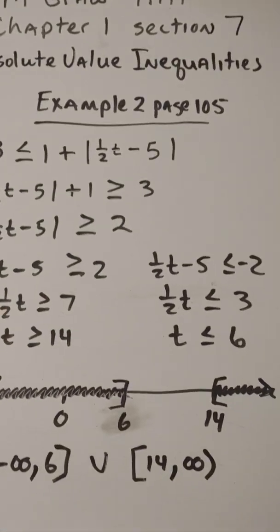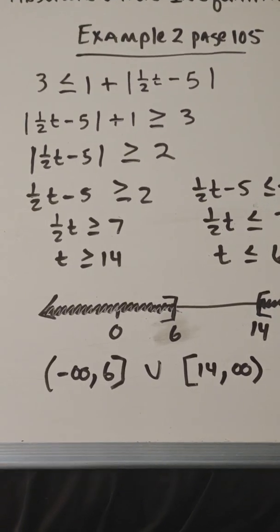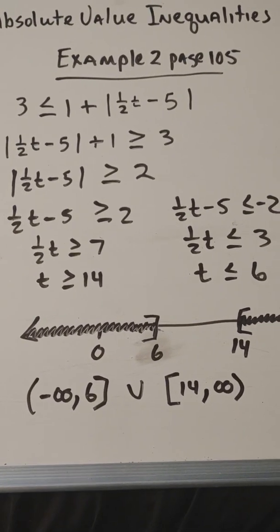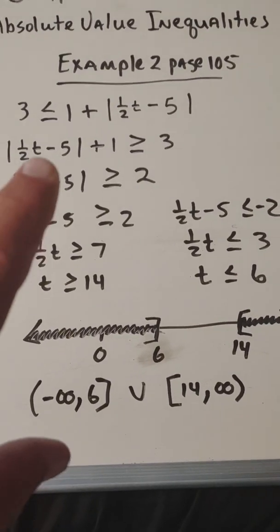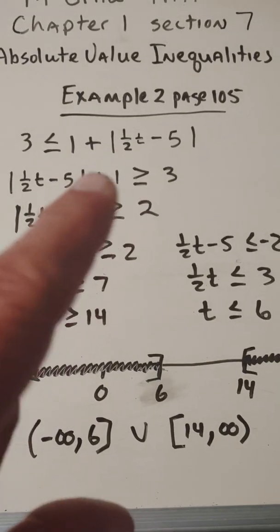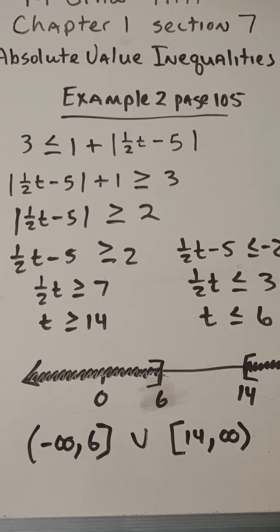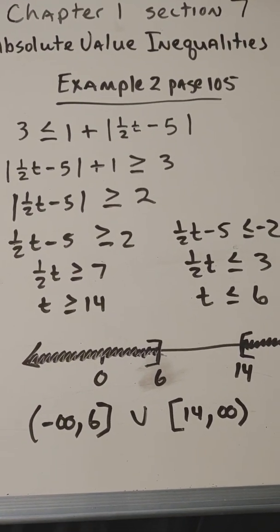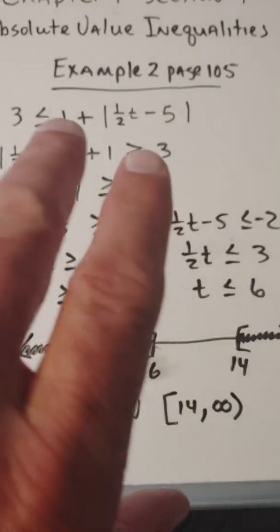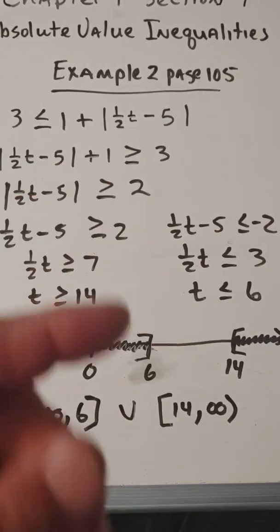Here's example 2, page 105. We have 3 is less than or equal to 1 plus absolute value of 1/2 t minus 5. All right, so when we solve inequalities, we always want the variable on the right. You'll never see the variable written on the left. It's always on the right. So the first thing I did here was I took these two and flipped them.